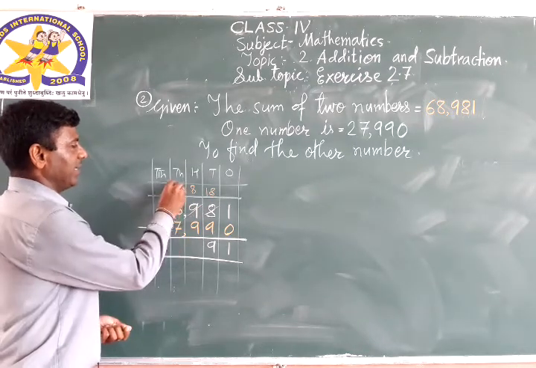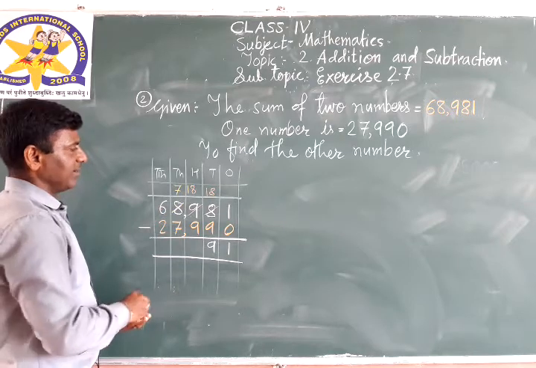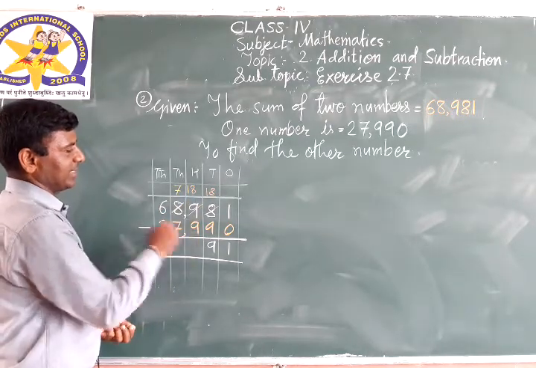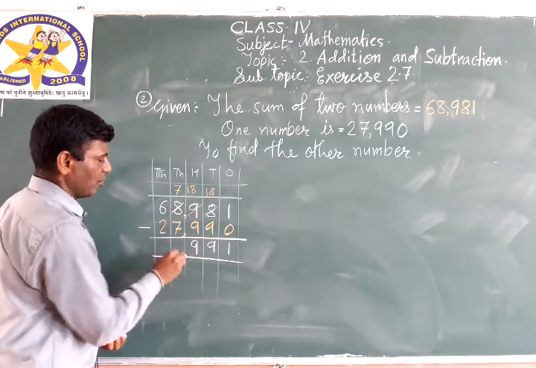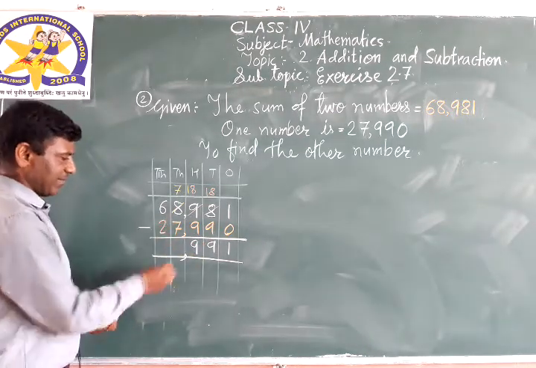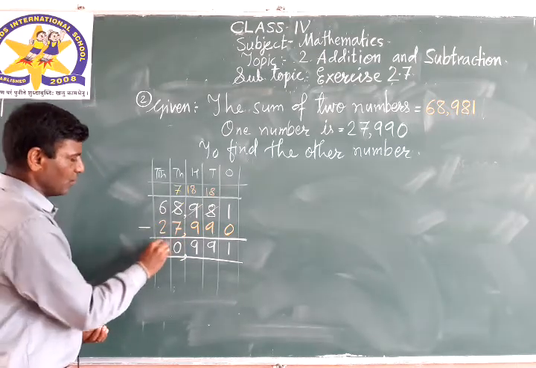Next number 8 becomes 7 here. This 8 becomes 18 here. Again 18 minus 9, same, 9 twos are 18. Put comma. 7 minus 7, 0. 6 minus 2, 4.